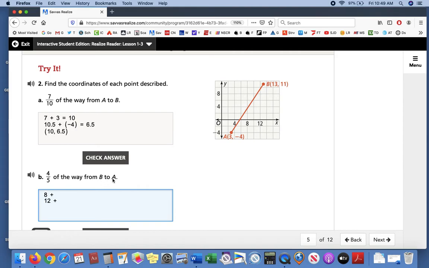Now we're going from B to A, so use this point B. Because it's coming back, I shouldn't have written it this way. We're coming back this way, so I need to subtract 8 from 13. If I added 8 to 13, it'd be 21, which would be way over here. That's not 4/5 of the way. 4/5 of the way from B to A means I want to subtract the 8 from 13. 13 minus 8 is 5.